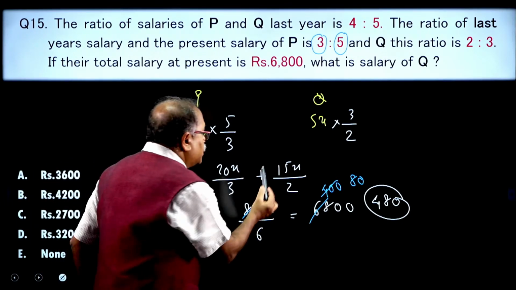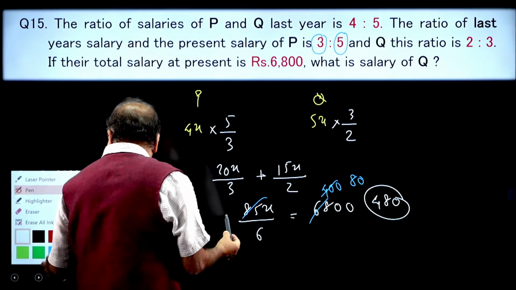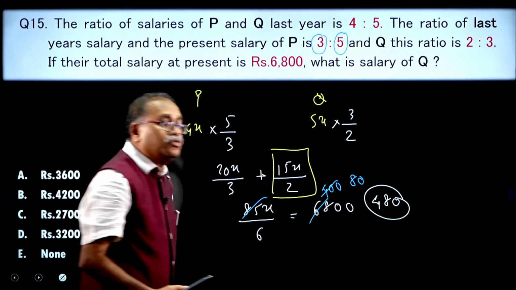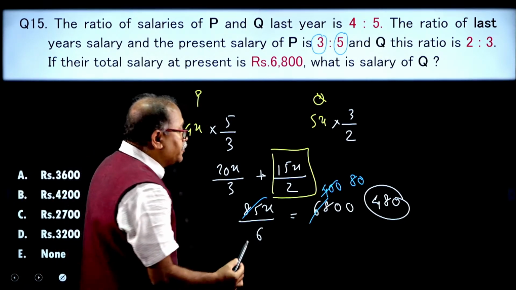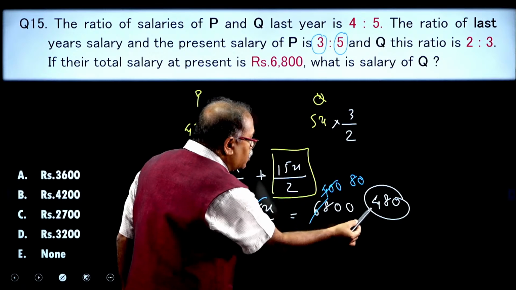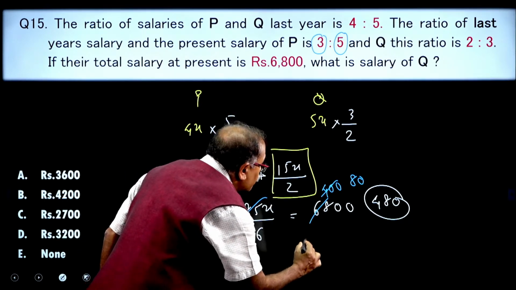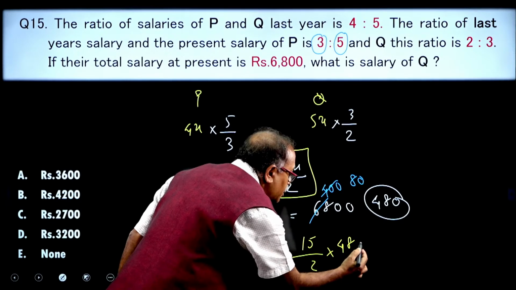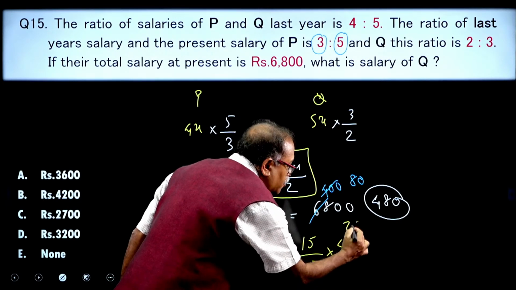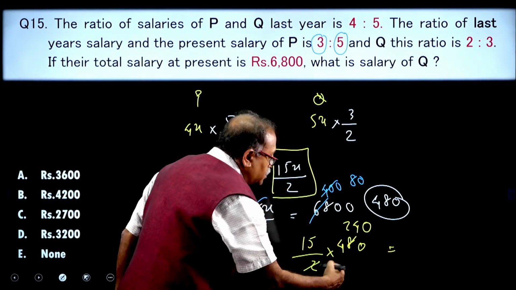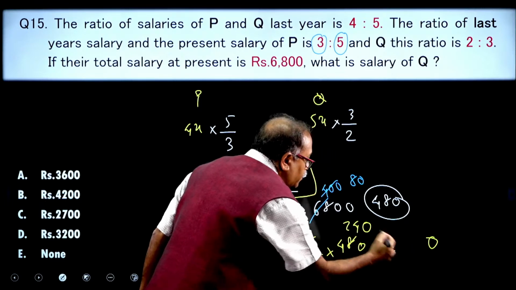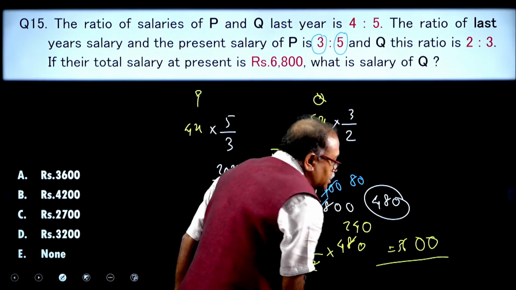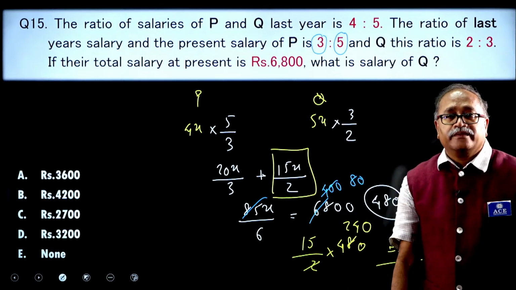My requirement is the present salary of Q, the 15x by 2. Yes, my dear friends. So, if x is equal to 480, my requirement is 15 by 2 into 480, this gets cancelled, 240, and 15 for 60 carry 6, 30 plus 6, which is 36, 3600.